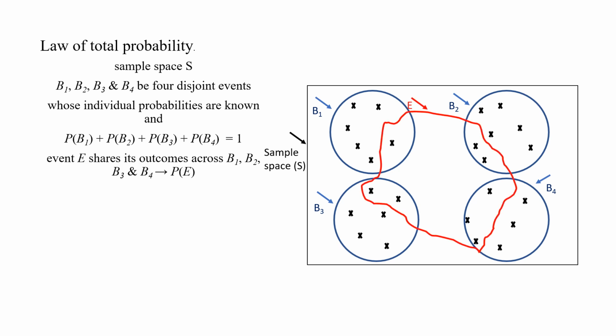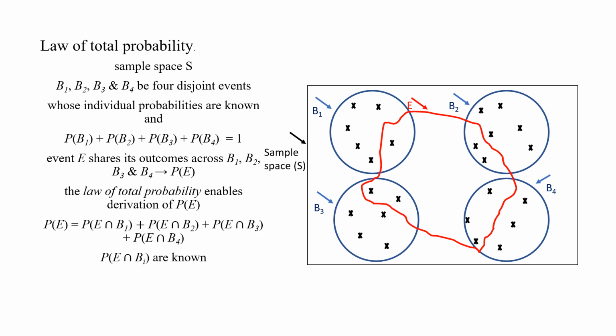Let event E as shown shares its outcomes across B1, B2, B3 and B4 with an unknown probability PE. The law of total probability enables the derivation of probability of E as in probability of E equals probability of E intersection B1 plus probability of E intersection B2 plus probability of E intersection B3 plus probability of E intersection B4, provided all 4 probabilities of E intersection Bi are known.